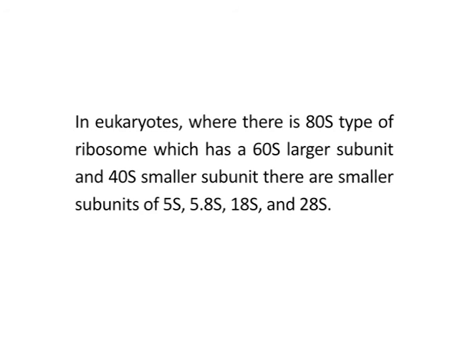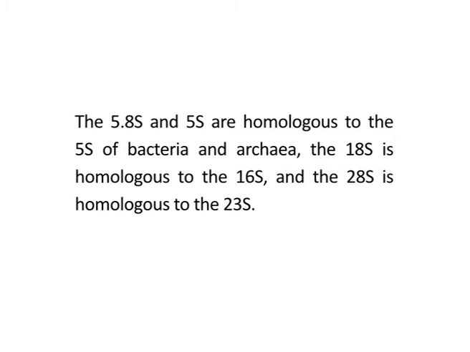In eukaryotes, there is an 80S type of ribosome, which has a 60S larger subunit and a 40S smaller subunit, and the rRNAs are 5S, 5.8S, 18S, and 28S. The 5.8S and the 5S are homologous to the 5S of bacteria and archaebacteria. The 18S is homologous to the 16S and the 28S is homologous to the 23S ribosomal RNA.